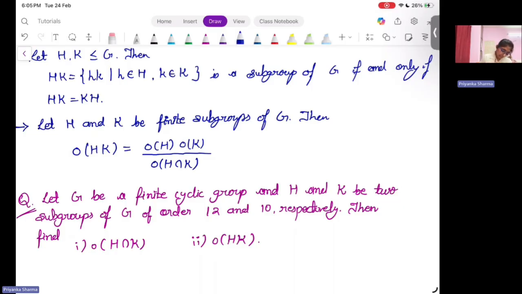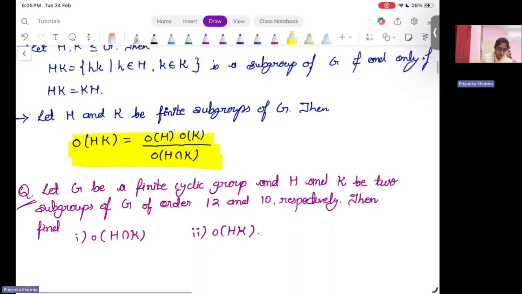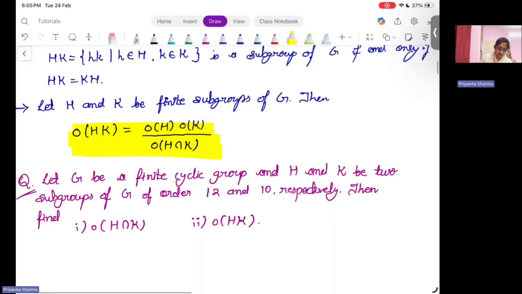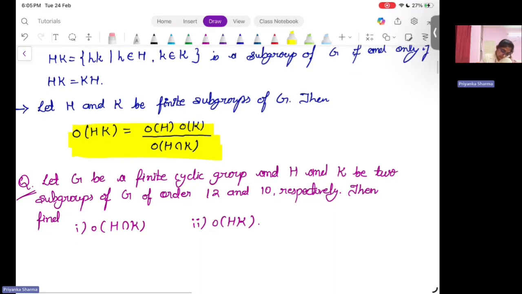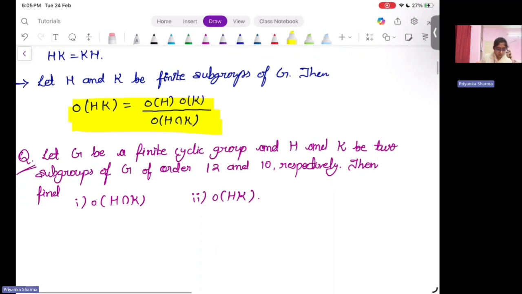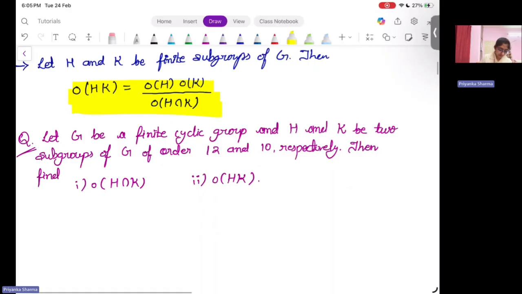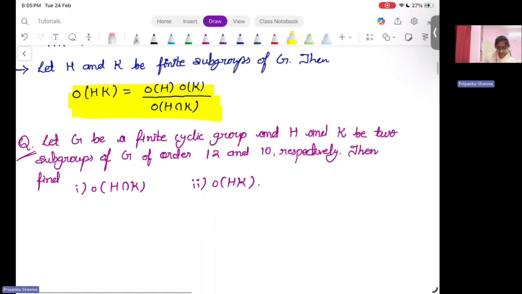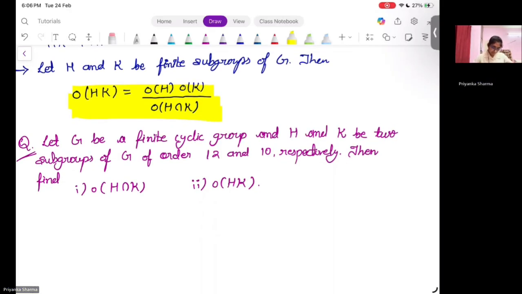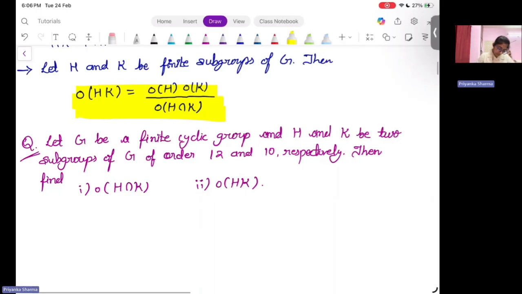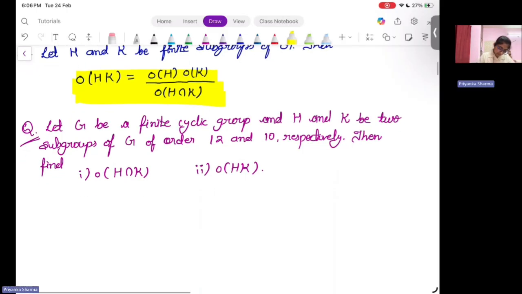So order of HK will be this one: order of H times order of K divided by order of H intersection K. So here, as H and K both are subgroups, H intersection K will be a subgroup again. So that's why we can discuss their order. So using this, we can solve some questions based on order of the product HK.